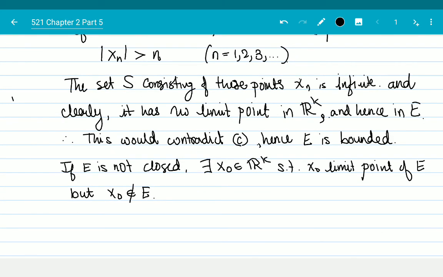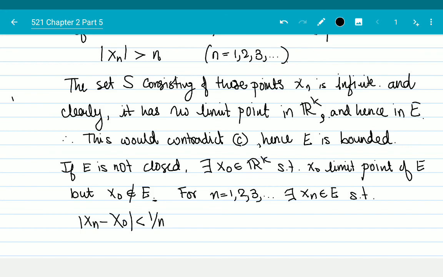Right? Now, if x naught does not belong to E, then I can find a sequence of points which converge to x naught, with x naught not in E. For n equal to 1, 2, 3, and so on, there exists xn belonging to E such that the distance of xn minus x naught is smaller than 1 over n, right?